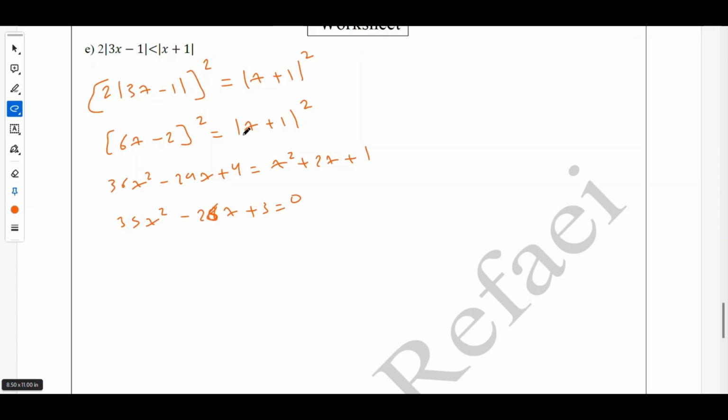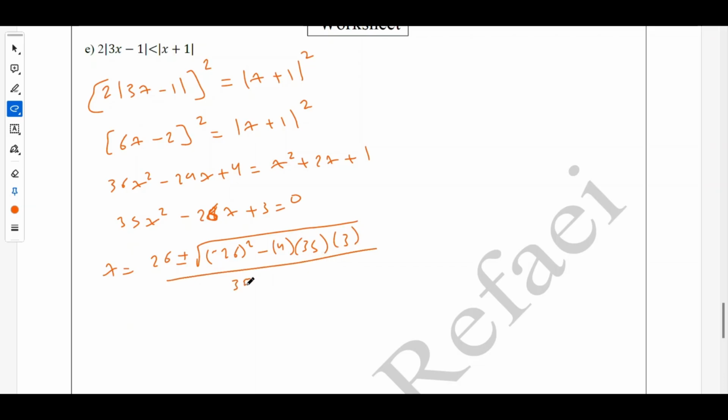I'm going to use the general formula: 26 plus or minus the square root of negative 26 squared minus 4 by 35 by 3, over 35 by 2. I'm going to get two answers.